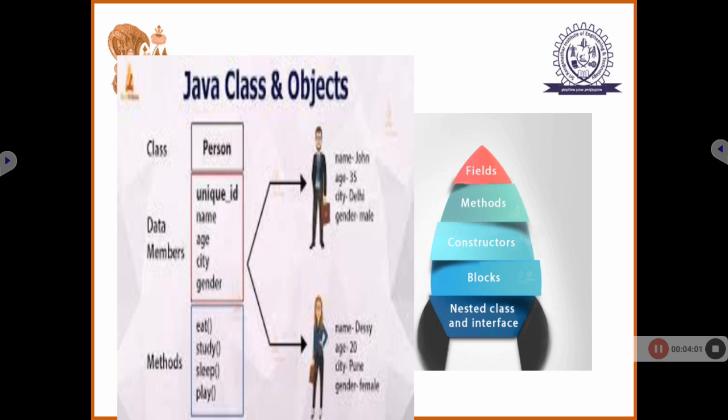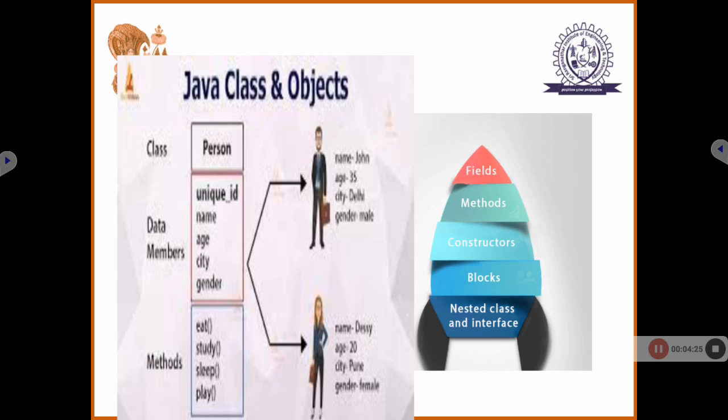These are the properties of the class. And what are the methods? The ability to do something. A person can perform operations like eating, studying, sleeping and playing. These are all the methods.